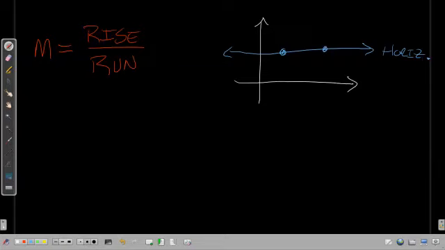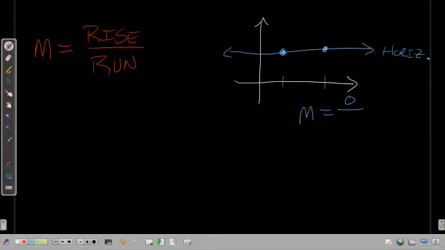Pick any 2 points. How much did it rise? How many units of rise are there between these 2 points? With the knowledge that this line is horizontal, how many units of rise? 0.